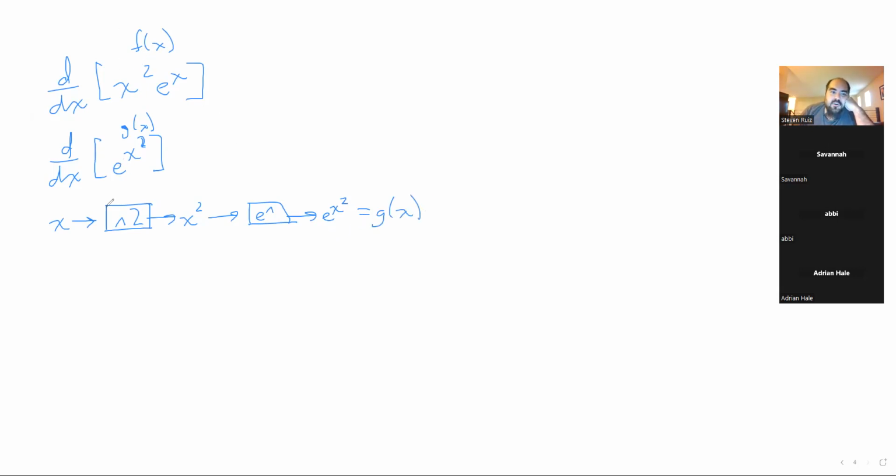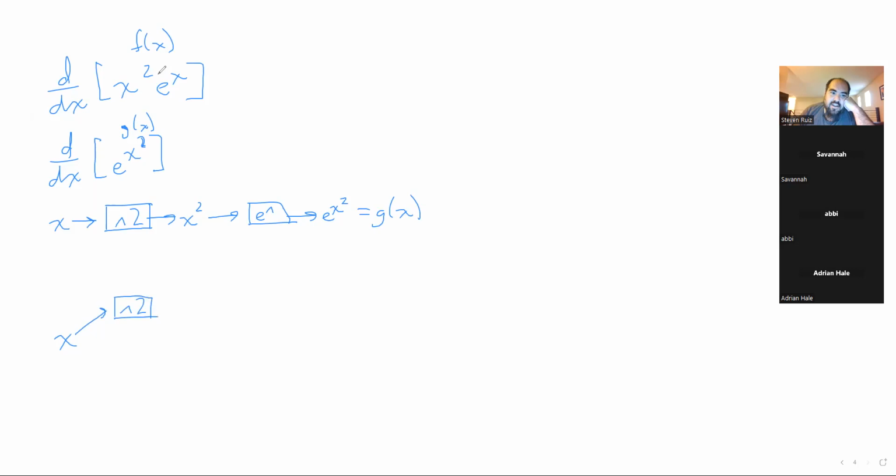Let's follow the other one. So for f, what's the first thing that happens to x in function f? Well, there's not really a first thing, because x shows up a couple different ways here. In the first one, I was squaring x and then using that as the power to e.